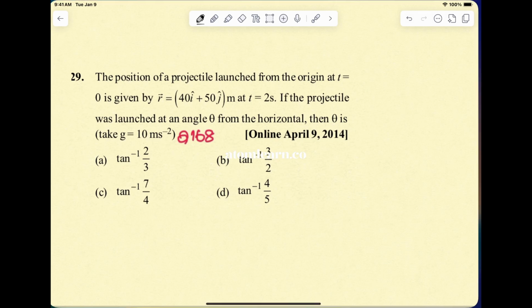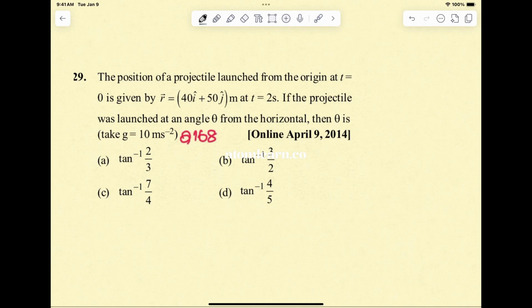Therefore, this is the position vector at t equal to 2. We can write the x and y from the fundamental equations: x equal to u cos theta t, and y equal to u sin theta t minus half g t squared. These are the fundamental basic formulas.